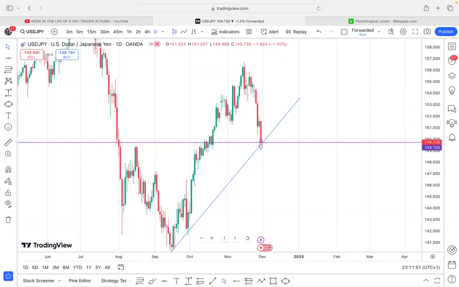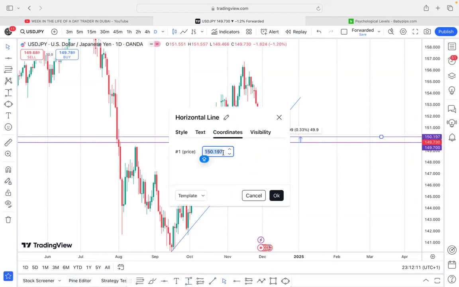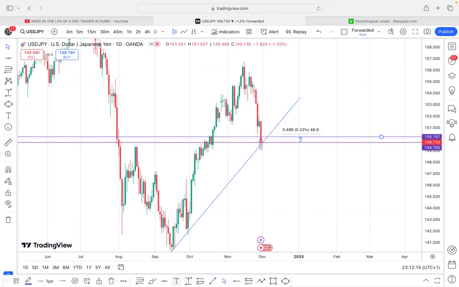Now, from that whole number, you are going to calculate 50 pips. So from here, if we use our price range, we're going to look for 50 pips. So our next psychological level is going to be somewhere around here. Let me add 50 pips to that current move.